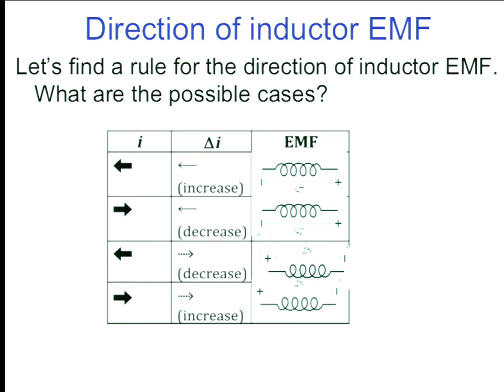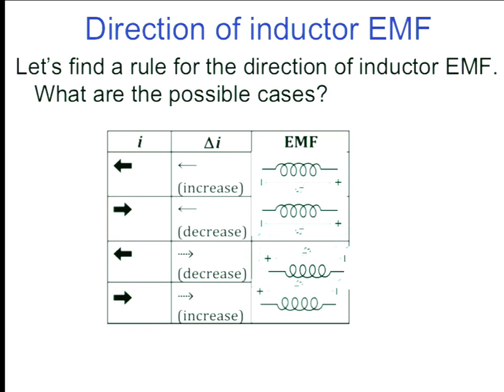Now, the EMF that will be generated will be opposite to that because it's trying to fight the change. So you see the EMF on that inductor is plus to the right because it's opposing, trying to send current the other way against the change. Get that? Now, for example, suppose I put the current going to your right.